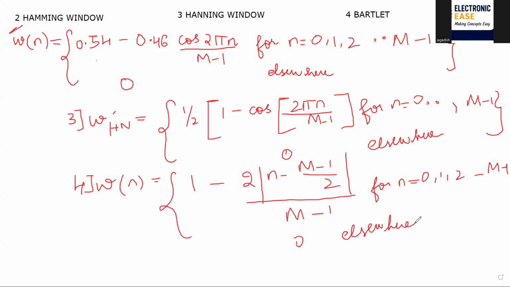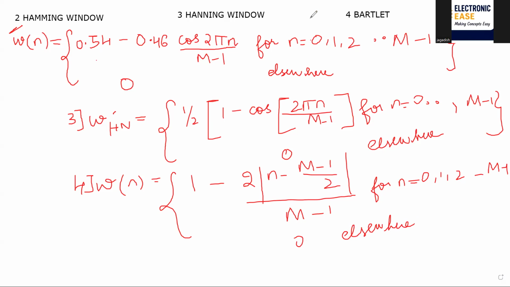So these are the formulas for Hamming, Hanning, and Bartlett windows. You need to write and practice 3 to 4 times, then you can remember this concept.